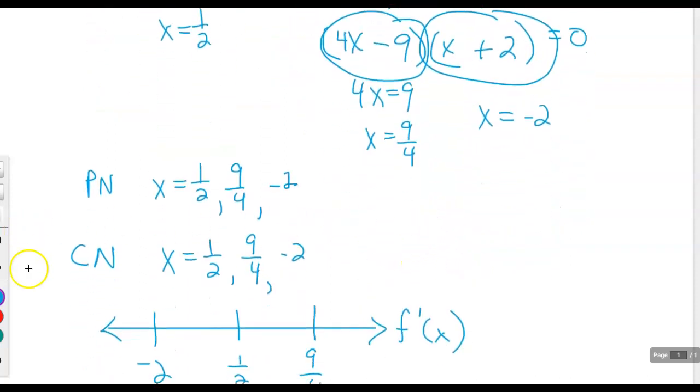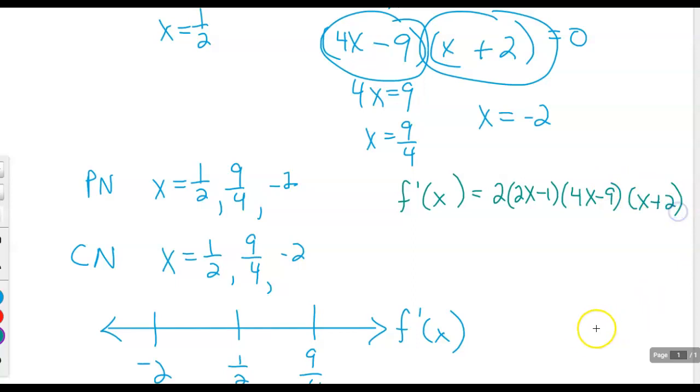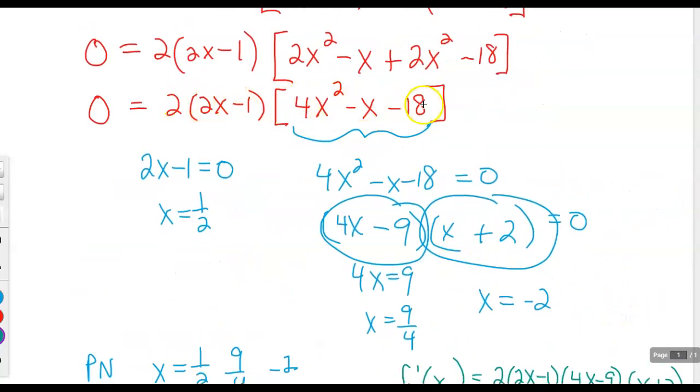So if you look at your derivative, let me change colors here, it would be, let's see, I think I took a 2 out, right? So 2 times 2x minus 1, and then 4x minus 9, and then x plus 2. That might be easier to do a sign chart with than this version, right?